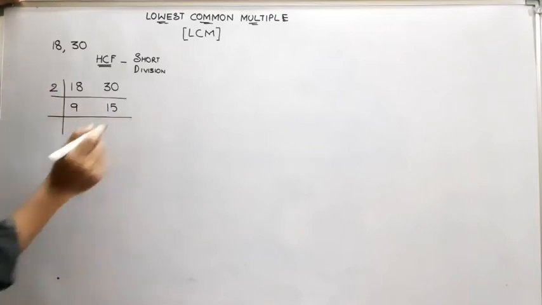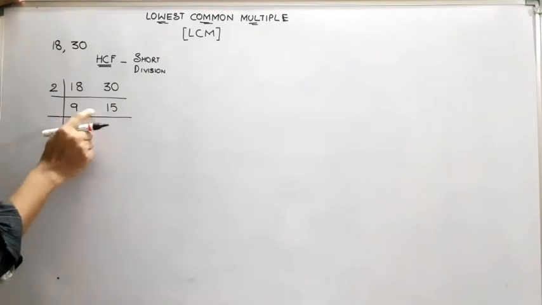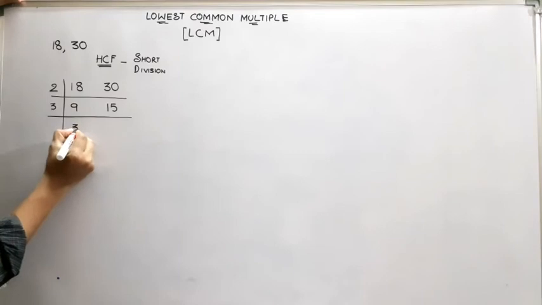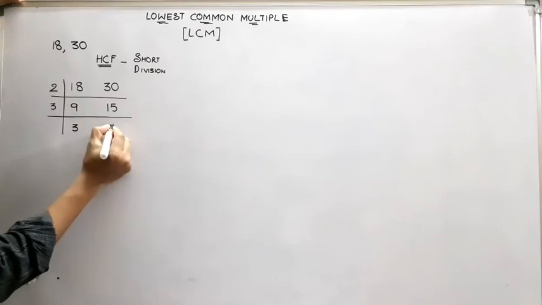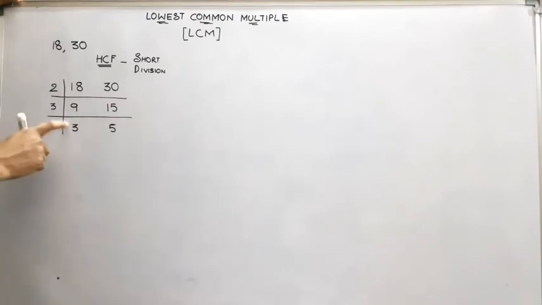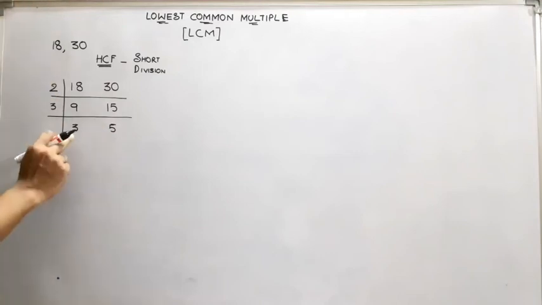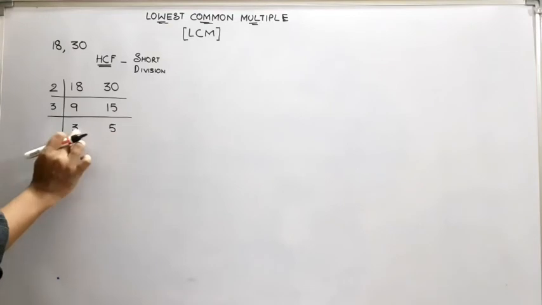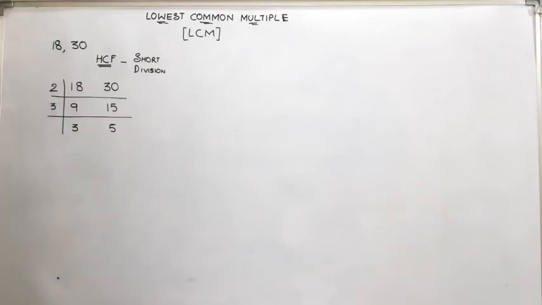Now, here 9 and 15 we can cancel in the 3 table. 3 3s are 9, 3 5s are 15. Now, except one, there doesn't exist a common table which cancels 3 and 5 at a time. So, we will stop the process here.